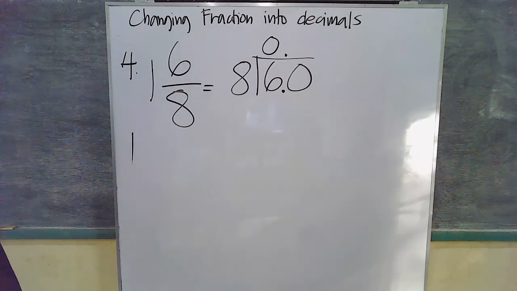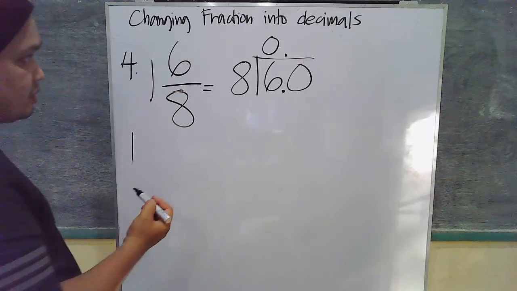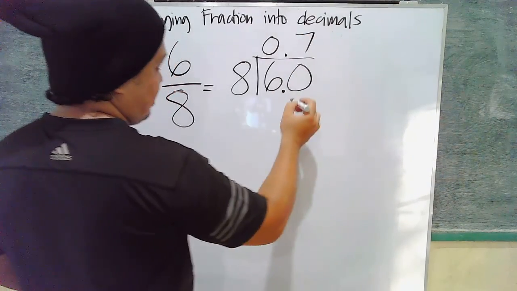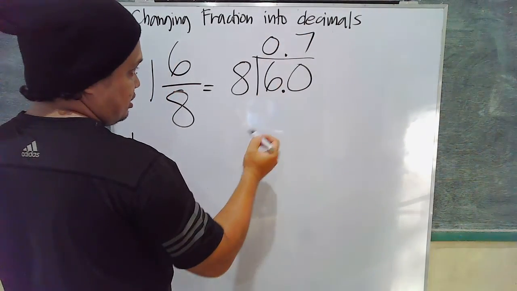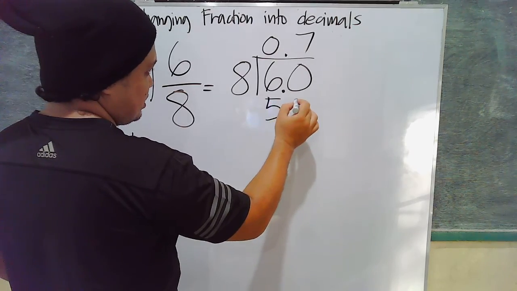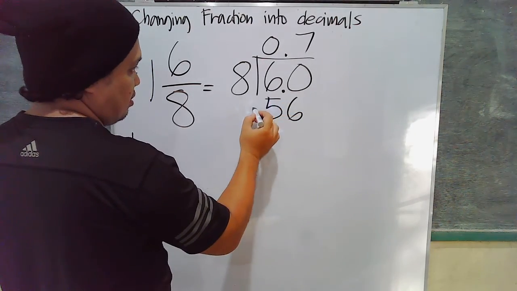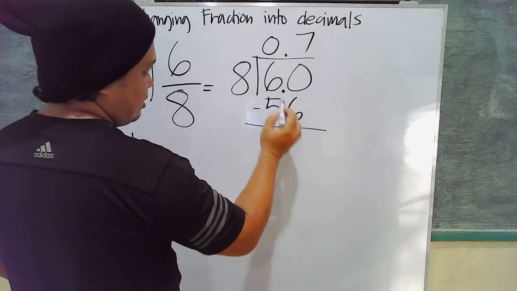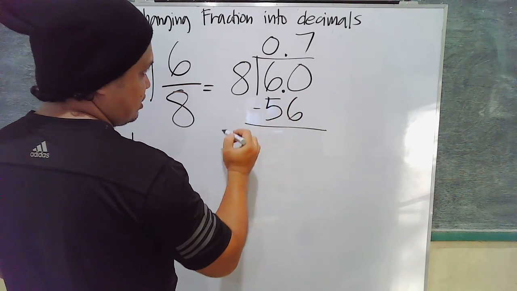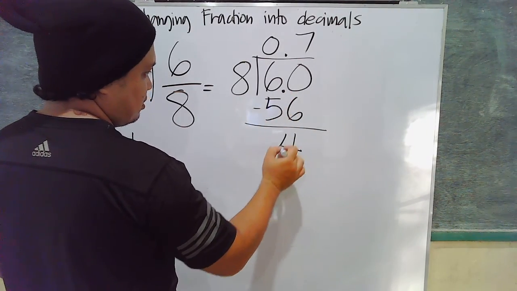Now, 60 divided by 8, so we have 7, because 7 times 8 is 56. Now let's subtract, 60 minus 56 is 4.